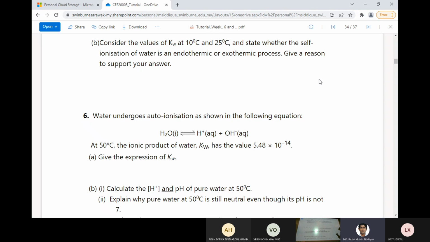What are the steps? Okay, I write it. Step 1, step 2. Can anybody tell me what is the step 1 that we should do to find out the problem?